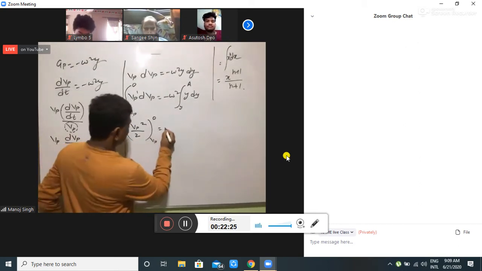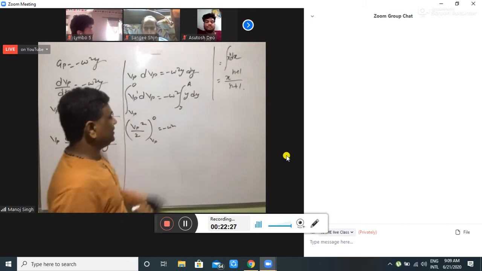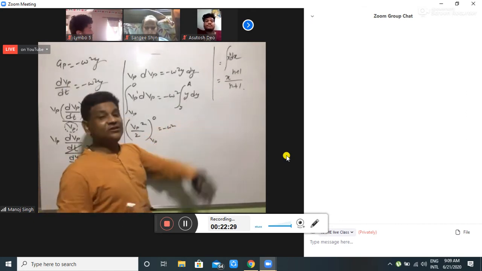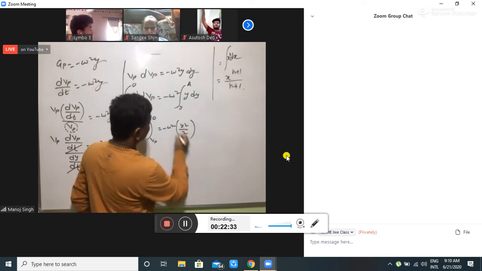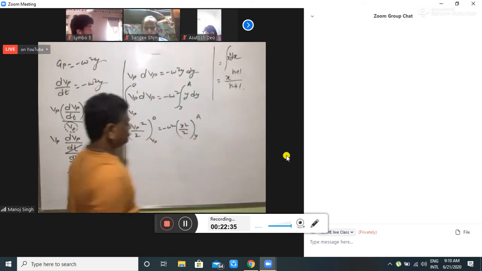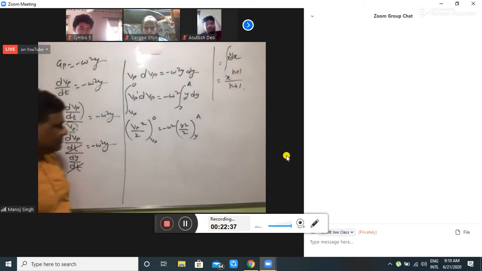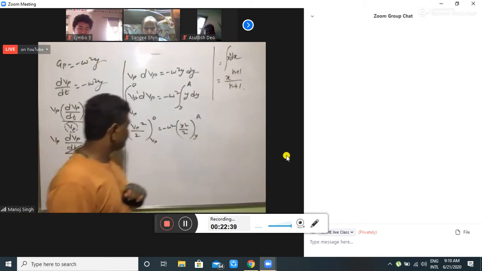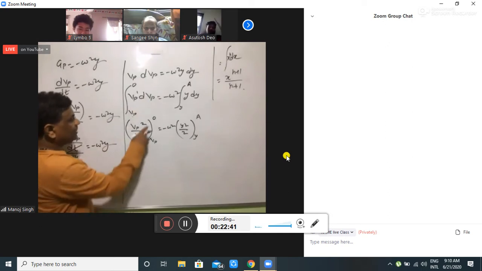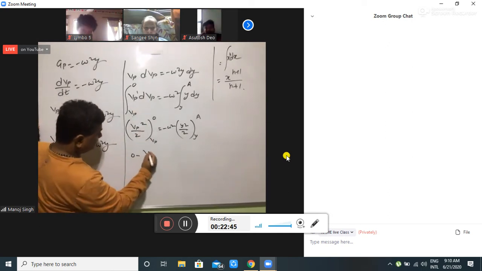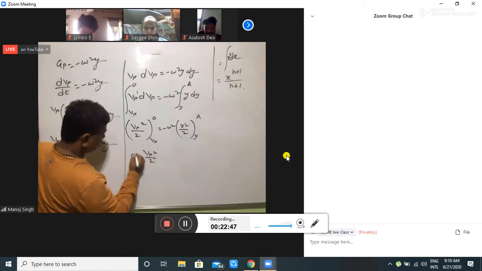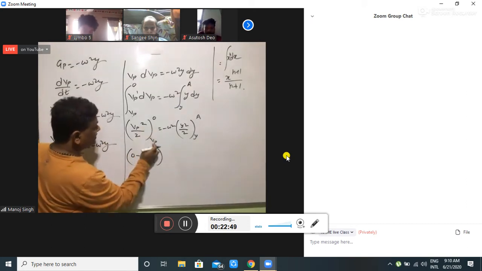And this is equal to minus omega square times the integration of y dy. Yes, it is y square by 2. Its limit will be from y to a. What is the upper limit of the velocity of the particle? It is 0, minus vp square by 2, upper limit minus lower limit.